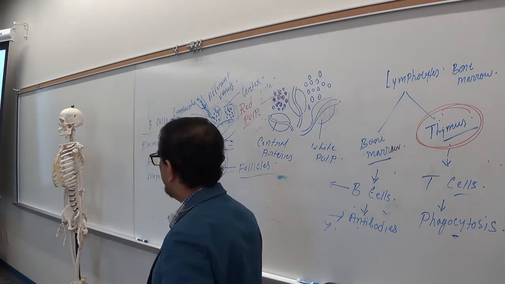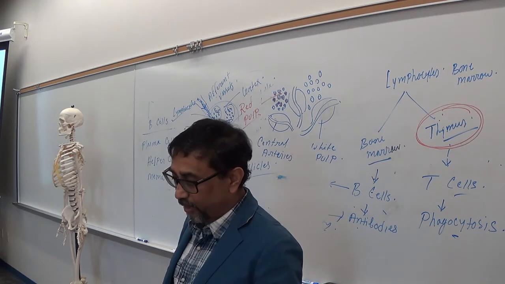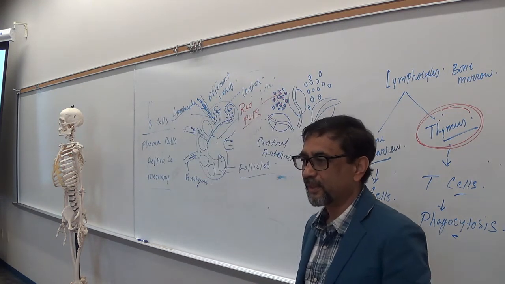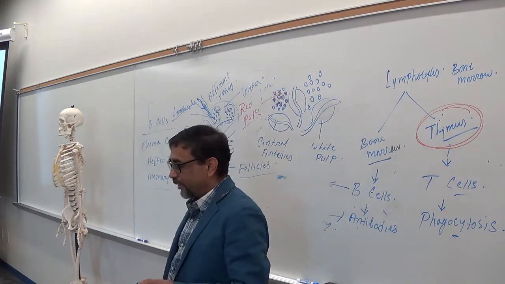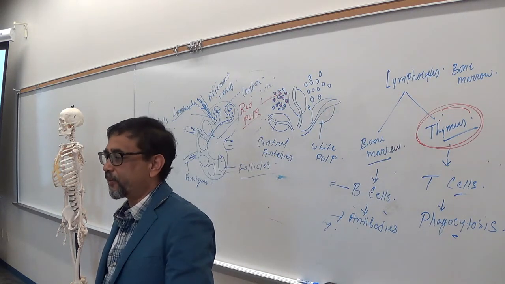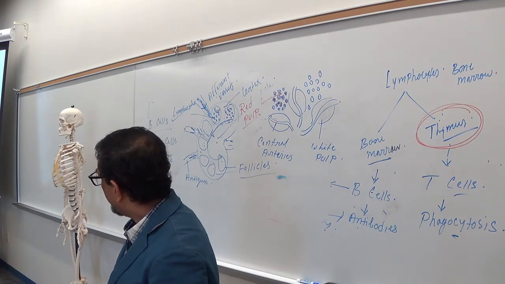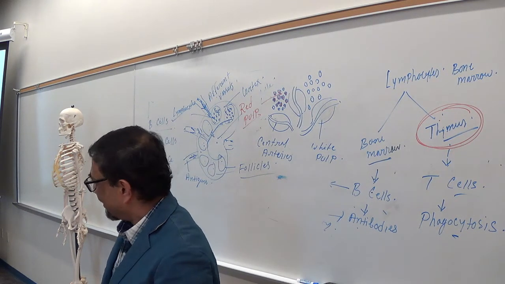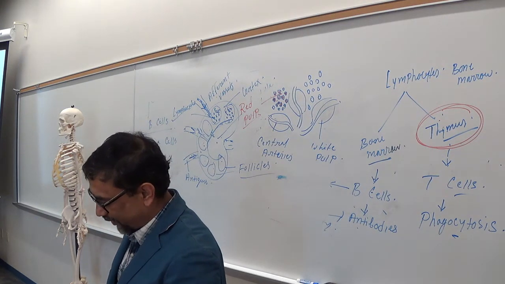So here you see the locations and histology of a tonsil. In tonsil, you have crypts, folds called tonsillar crypts. And why are those crypts present in tonsil?